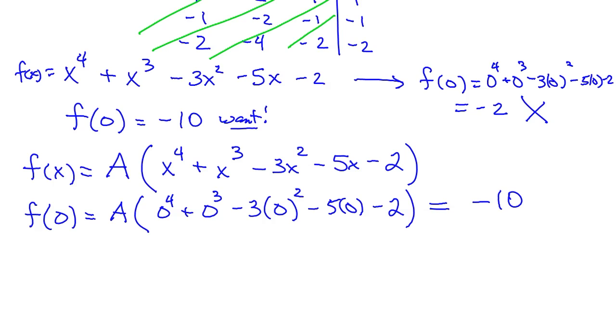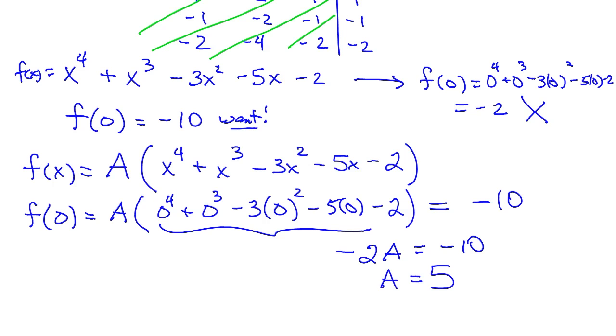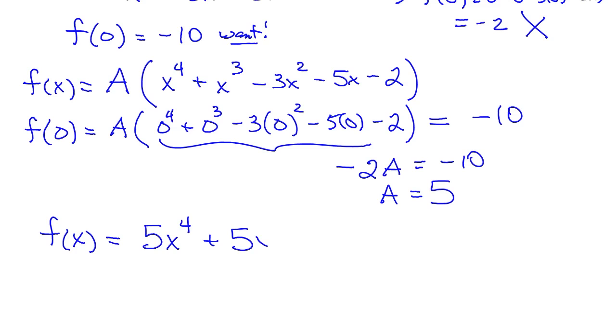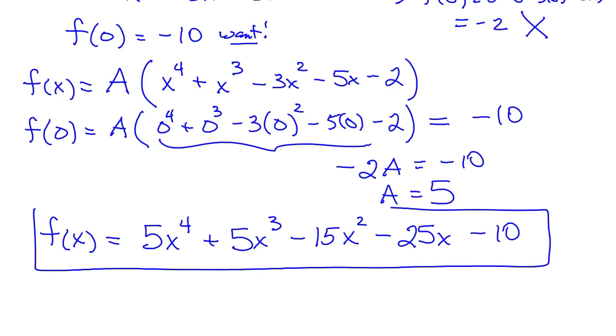This whole thing in the center simplifies down to negative 2. So we have negative 2a is equal to negative 10, which gives us a is equal to 5. So the lead coefficient has to be 5, and we can just multiply everything by 5. So we're going to have 5x to the 4th plus 5x cubed minus 15x squared minus 25x minus 10. And that's our solution.